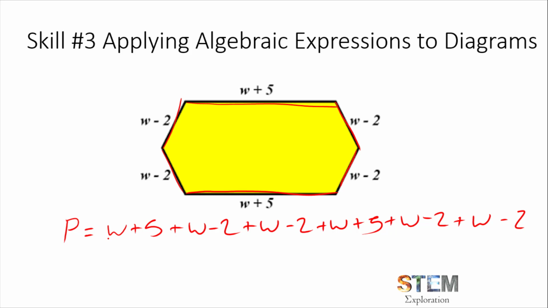So what you're going to do is you're going to combine the variable. There's 6 w's. We're going to combine the 6 w's, and so we can say 6w.